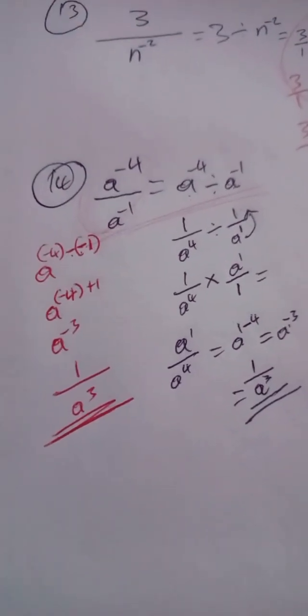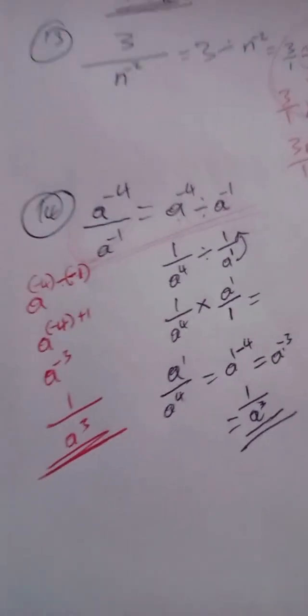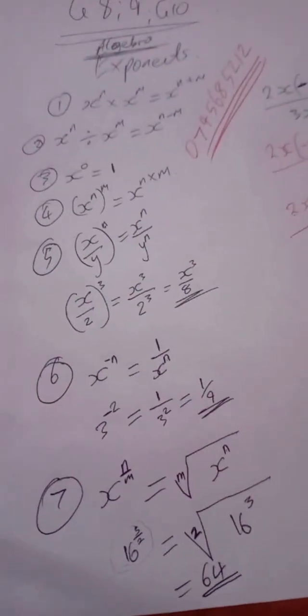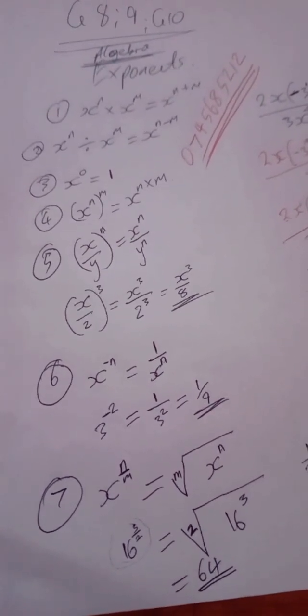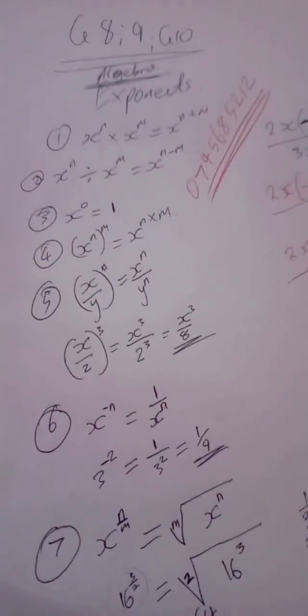No matter which law of exponents you use, you are going to win. You are going to get the correct answer. Where are our laws of exponents? Let me show you. Those who are not here, these are our 7 laws of exponents. These are the ones we are working with.